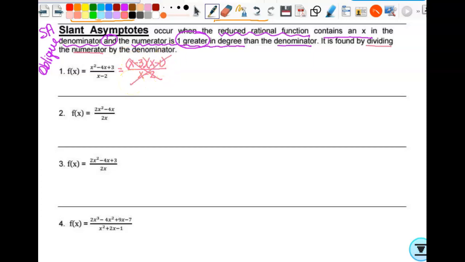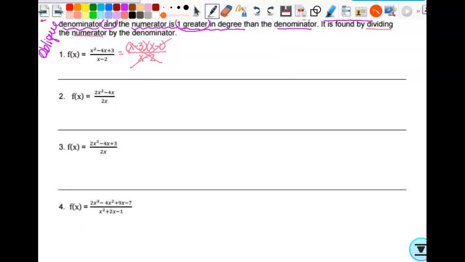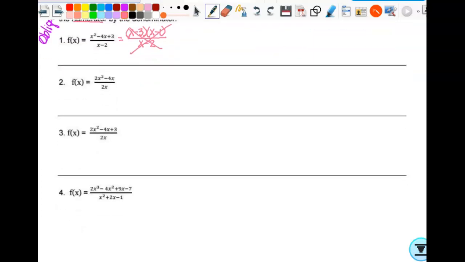So I had to factor it to check to see if I could reduce it at all. And I can't, but this is the form that I need. So if it gives me a factored form, I'm going to have to multiply it back together so I can actually divide. Can I use synthetic division on this one? Yes. So if I can, I'm going to. So what goes outside the little box? 2. And then inside, make sure you don't have any missing factors, which we don't. So it's 1, -4, and 3. Then you should be able to run through this pretty quickly.